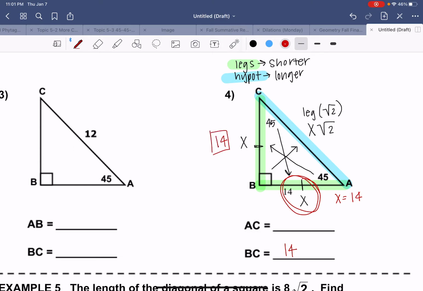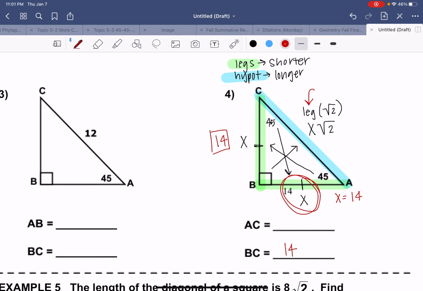All right, so in order to actually find the hypotenuse, the length of the hypotenuse is the leg multiplied by the square root of 2. Well, the legs of this triangle have a value of 14. Therefore, the hypotenuse is 14 times the square root of 2.